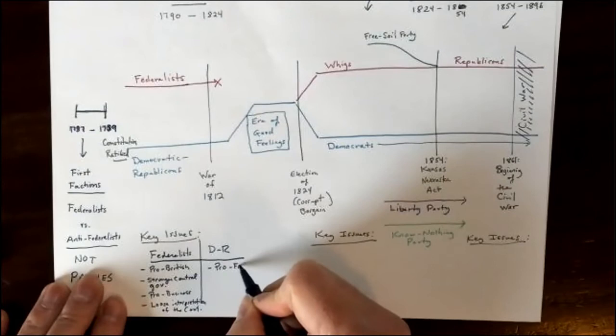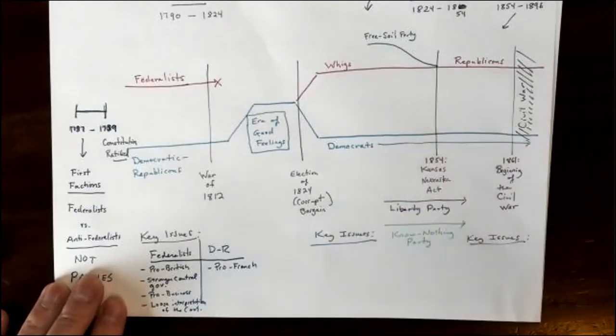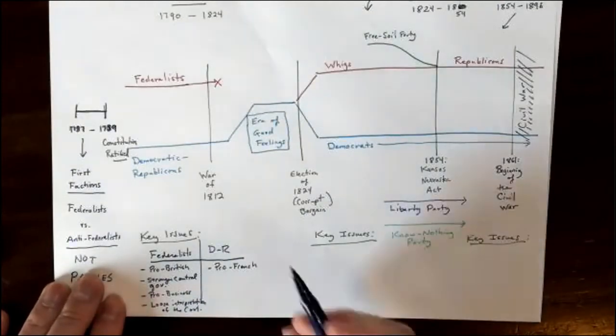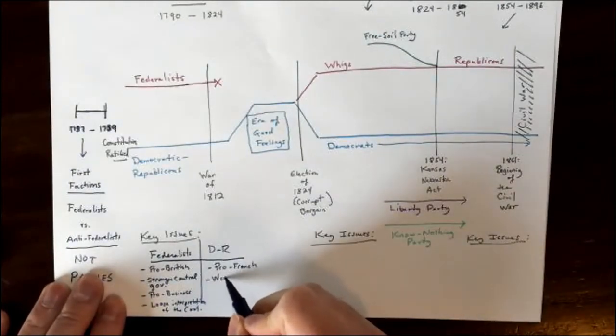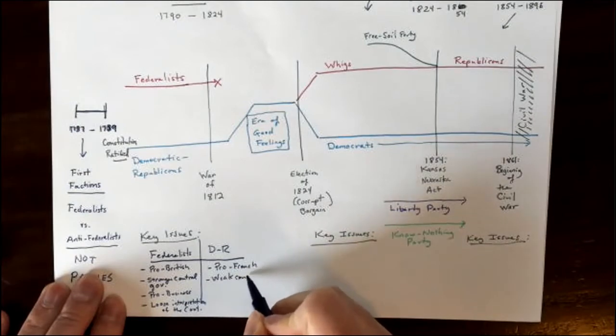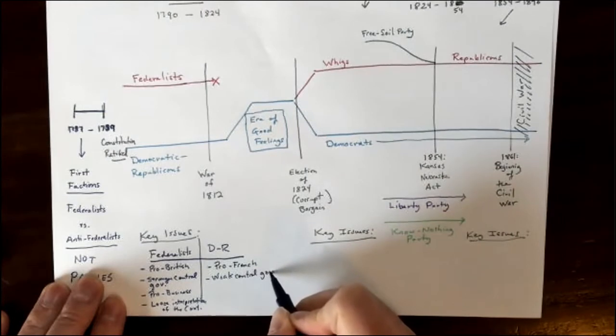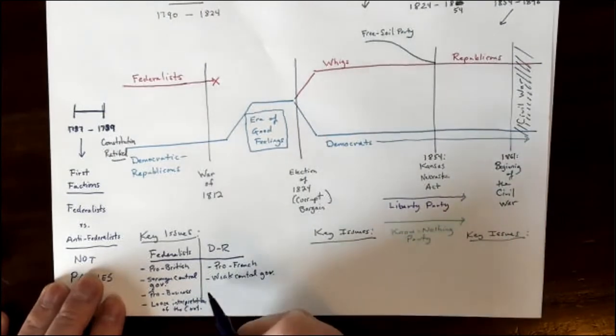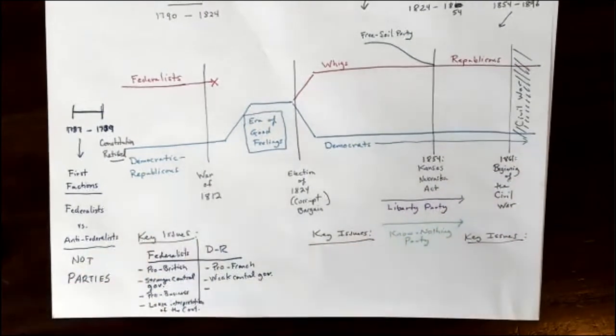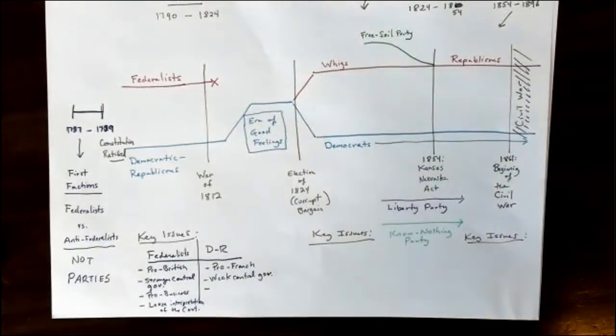Thomas Jefferson thought that the United States should get involved and should support France because they had supported us during the American Revolution. They wanted a weak central government. More power to the states. We're going to see that in a number of things that I'll talk about in a second.